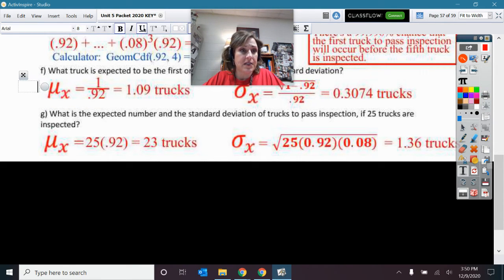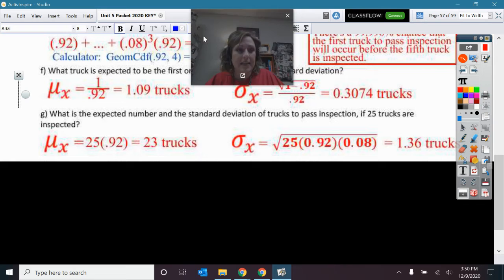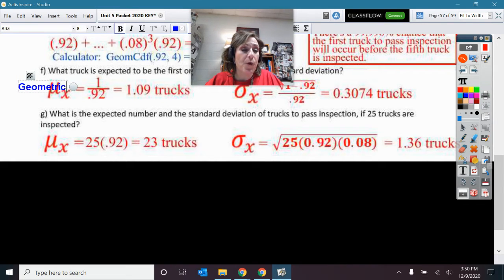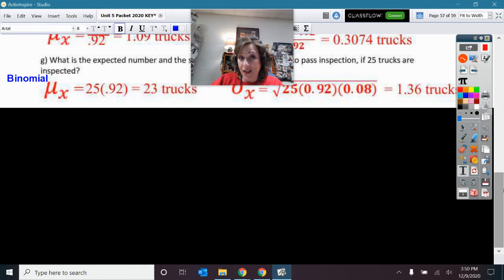Okay, and then this, nice, that's in white. So let's type in color. So that's the geometric probabilities there because we're going until we get a first success. And then this is the binomial because we have out of a set number of 25 trucks. Okay, so we expect about 23.